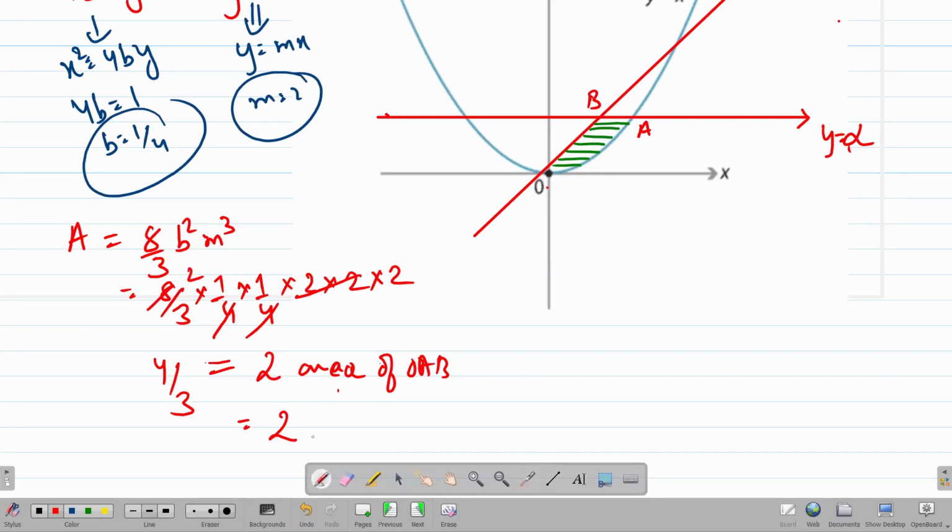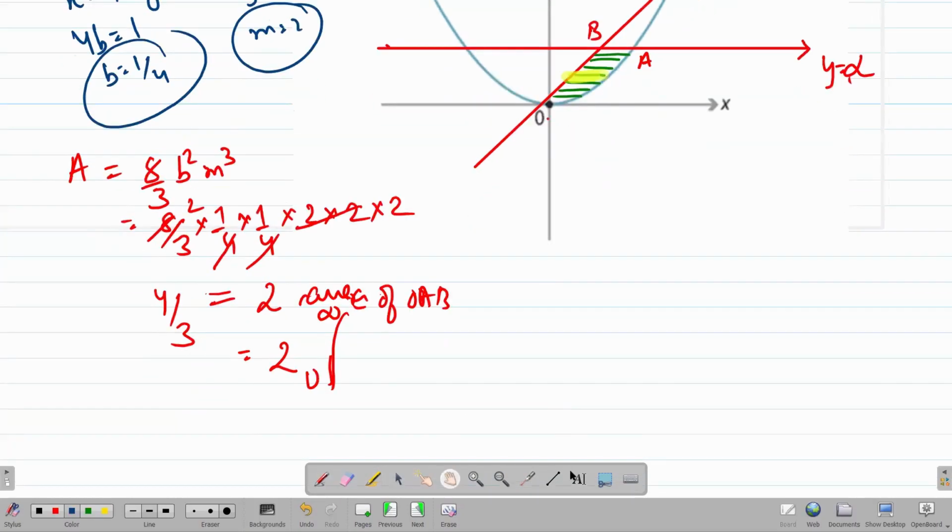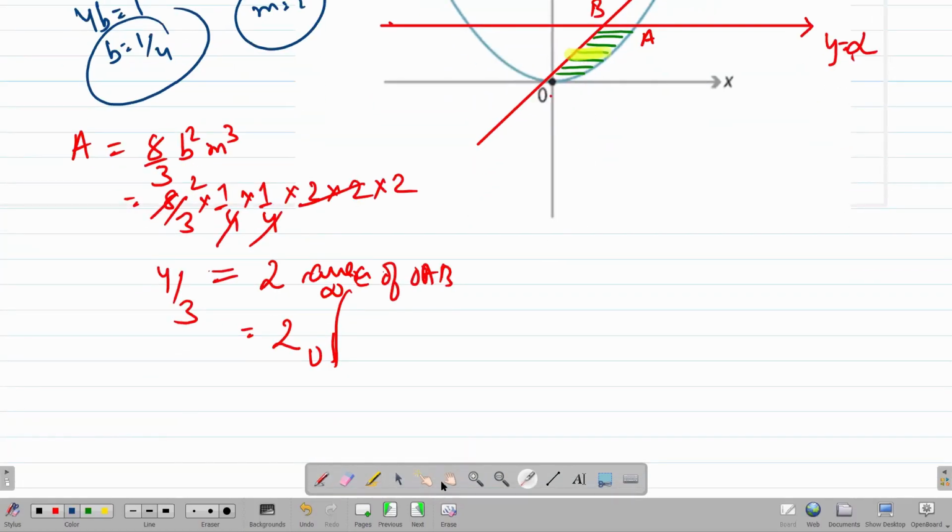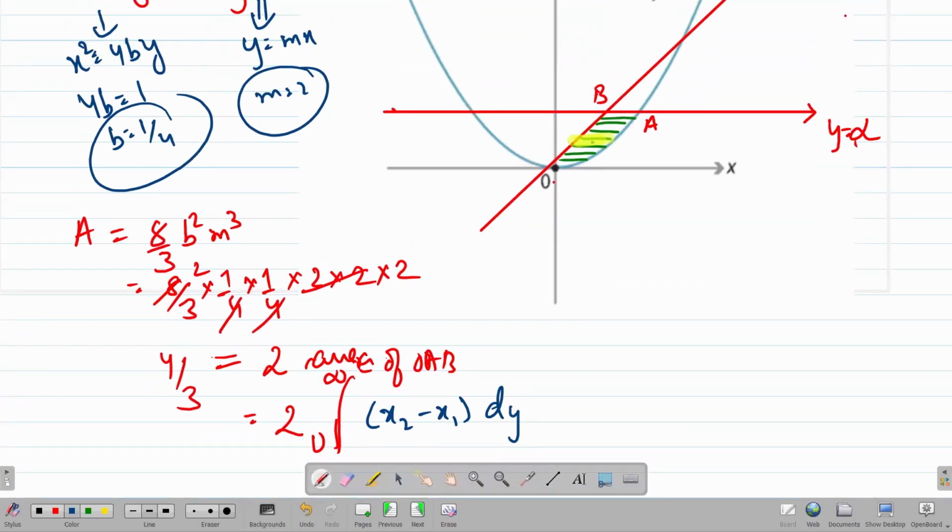So I can replace this by 0 to alpha, and if I take my rectangle, the small rectangle which is moving along y-axis, my formula is here x2 minus x1 dy, as if I take this point as x1 y1 and this corresponding point here as x2 y1, as this is a line parallel to x-axis, the y coordinate remains same, and this is the area of this small shaded rectangle, that is length into breadth.